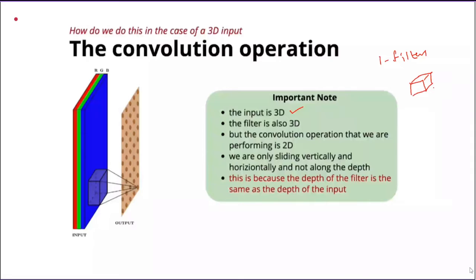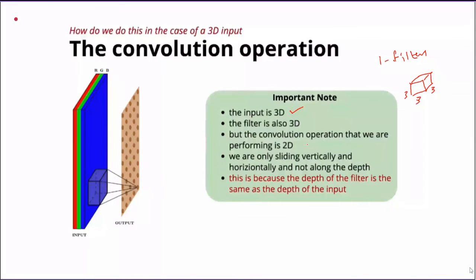As we increase the convolution layers, in each convolution layer the input will be an image if it is the first convolution layer.